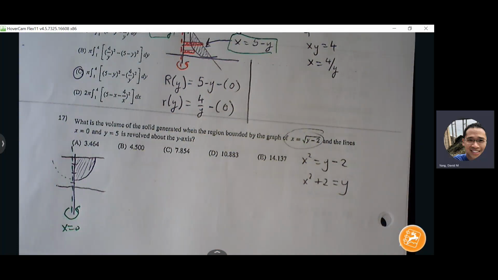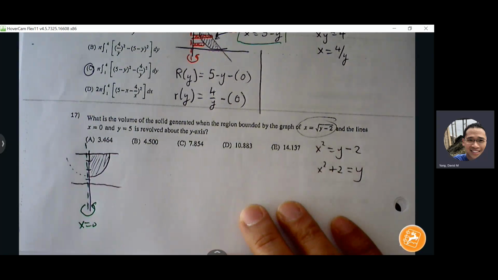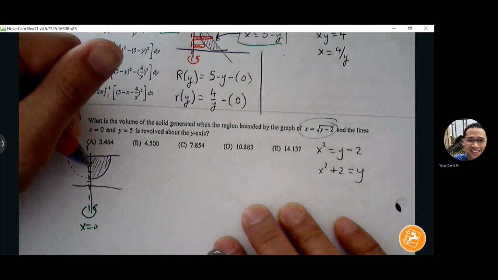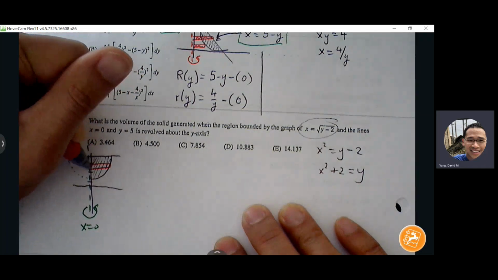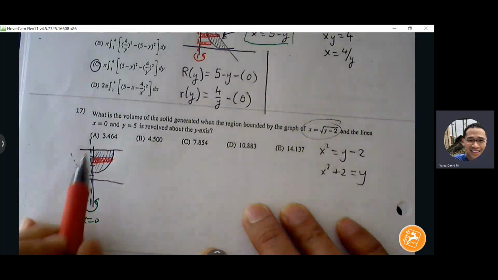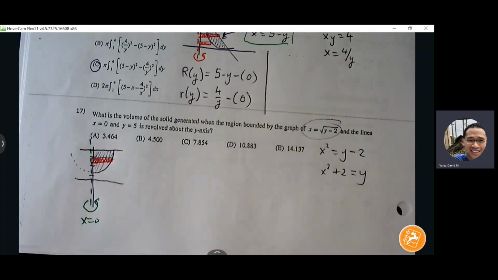Which direction is the radius going to extend? Will the radius be top minus bottom or right minus left? Right minus left. And what are we dealing with here, disk method or washer method? Disk method. You see how that dotted line is right up against the flat surface? So there's only one radius needed, so just big R squared.